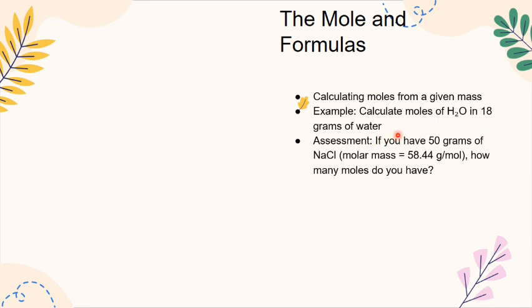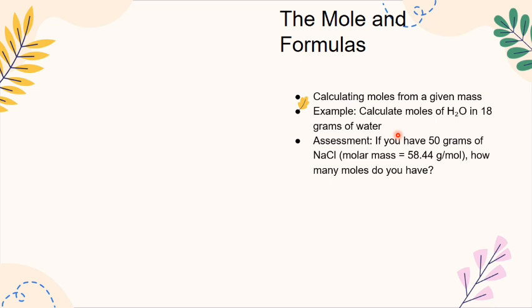So they are asking us to determine how many moles of water we are going to have in 18 grams of water. Now remember, when I was talking about mole, I made mention that one mole contains 6.02 times 10 raised to power 23 particles, which is also referred to as the Avogadro's constant.